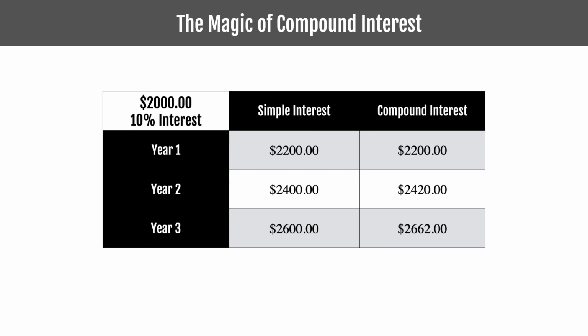However, for compound interest, we're going to be multiplying that 10% by the $2,420 ending balance of year two. So the total compound interest for year three is $2,662. In year three, you can see the compound interest already has $62 more than the account with simple interest.